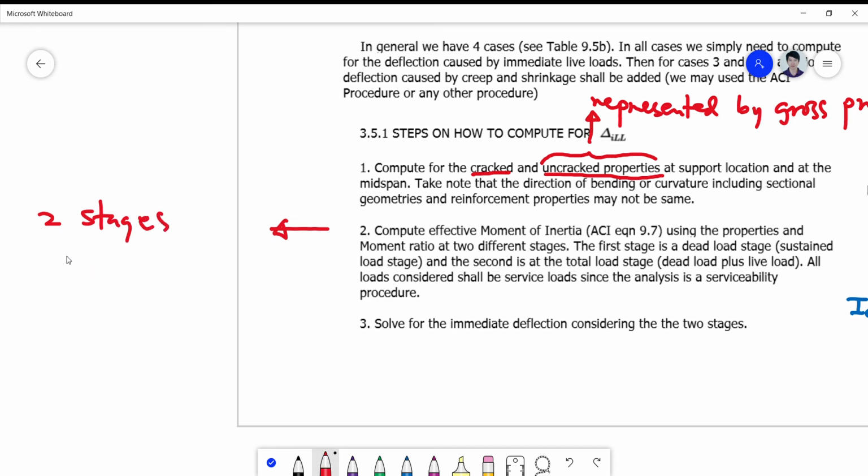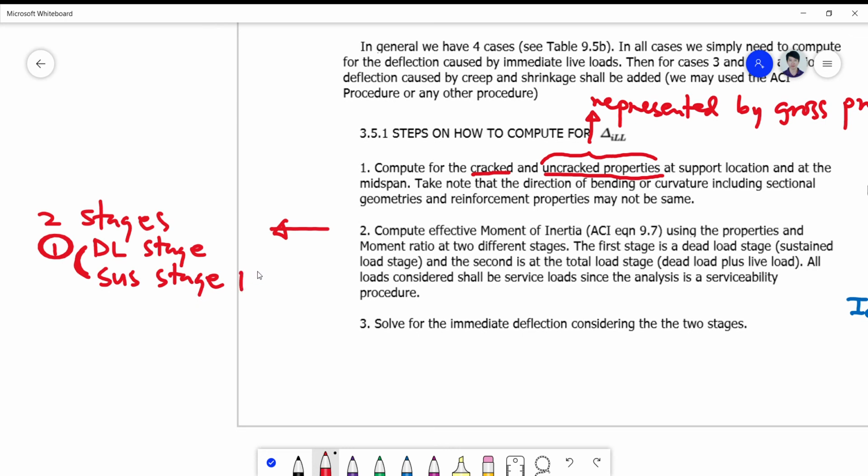Okay, you have the first stage, which is the dead load stage. Okay, you also have a sustained stage. Okay, so sustained stage, so this may be equal or not depending on the percentage of live load.